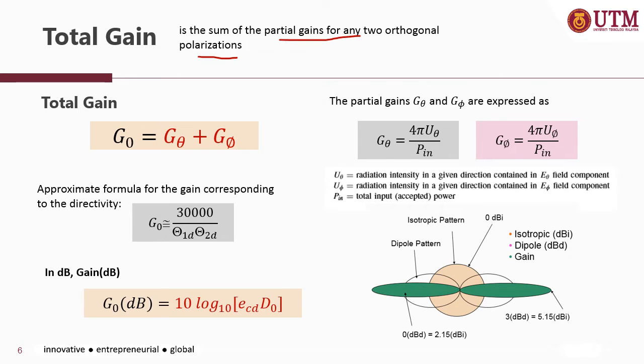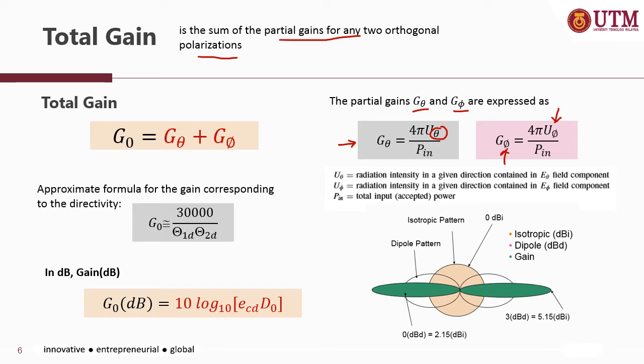The partial gains G theta and G phi are given by the following equations: G theta equals 4 pi U theta, the radiation intensity in theta polarization, divided by P in, the accepted power, while G phi equals 4 pi U phi, the radiation intensity in phi polarization direction, divided by P in, the power accepted by the antenna.